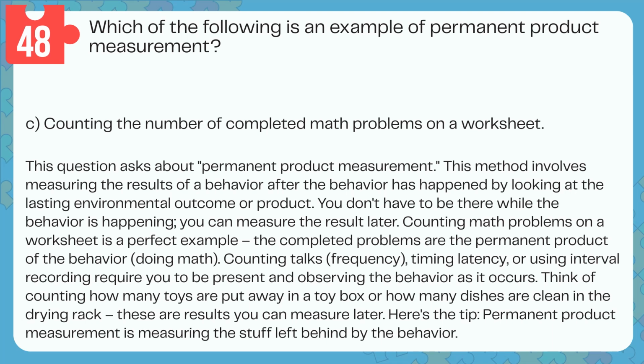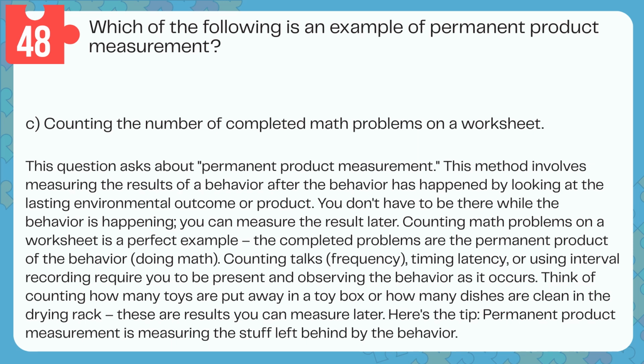This question asks about permanent product measurement. This method involves measuring the results of a behavior after the behavior has happened by looking at the lasting environmental outcome or product. You don't have to be there while the behavior is happening. You can measure the result later. Counting math problems on a worksheet is a perfect example. The completed problems are the permanent product of the behavior, doing math.